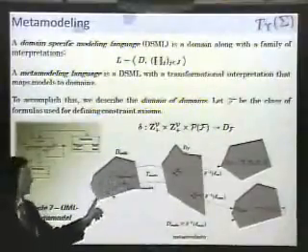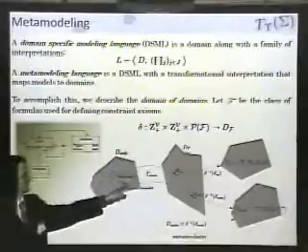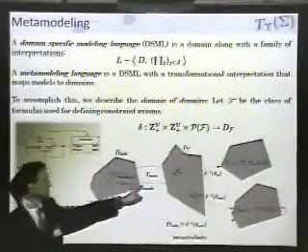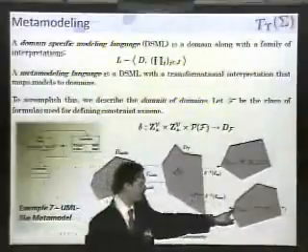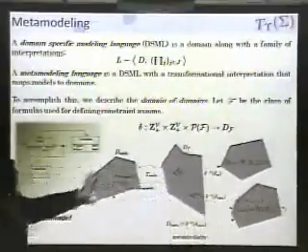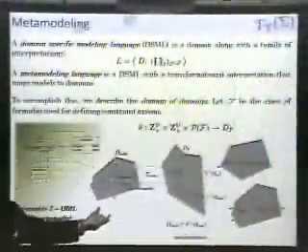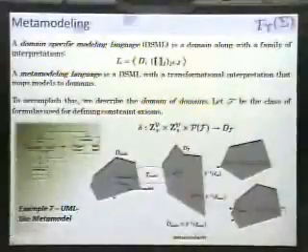A metamodeling language can describe itself if there exists some model in it such that when you generate its domain, it's exactly the same domain as the original metamodeling domain. And if you pick the right logic, you can actually prove whether these two things are equivalent using the previous mechanism.